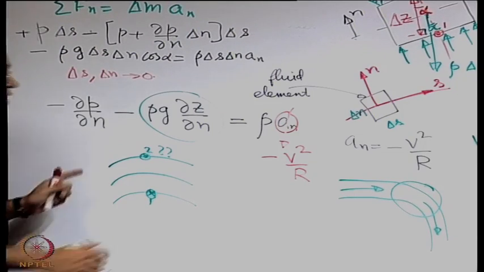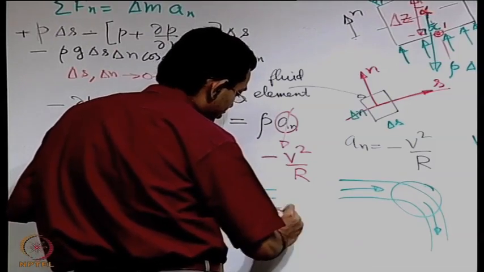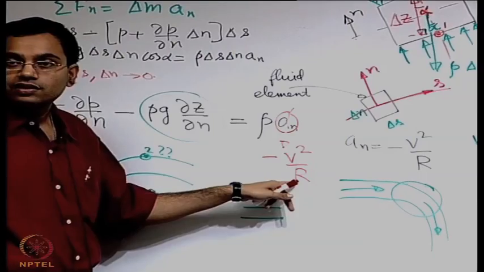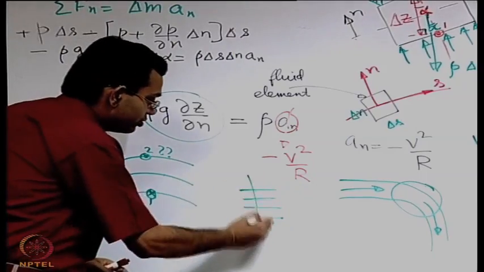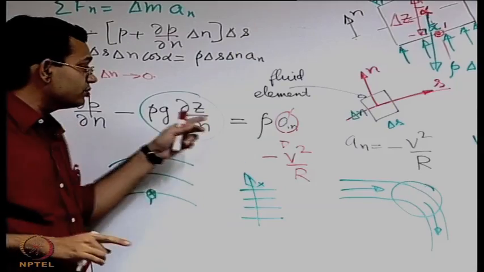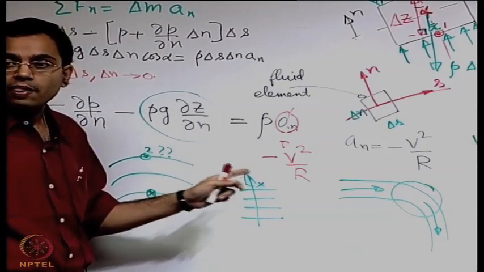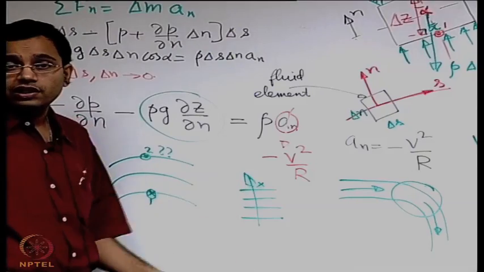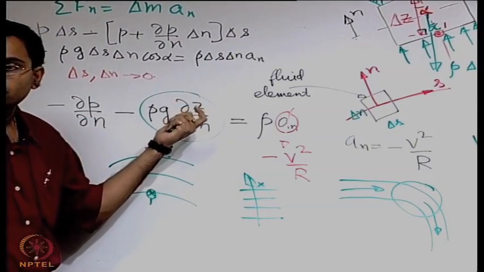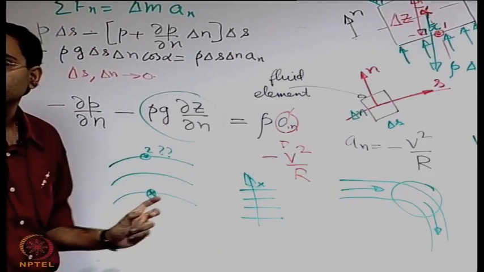If the streamlines are such that they are parallel to each other, then the radius of curvature tends to infinity. That means there is no crosswise pressure gradient because of the curvature. So this is only the curvature effect. So because of curvature of the streamline, there is a crosswise pressure gradient. There might be crosswise pressure gradient because of a change in vertical elevation, but here we are considering it in the horizontal plane, so that is not coming into the picture.